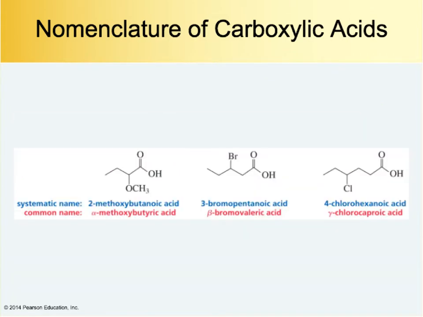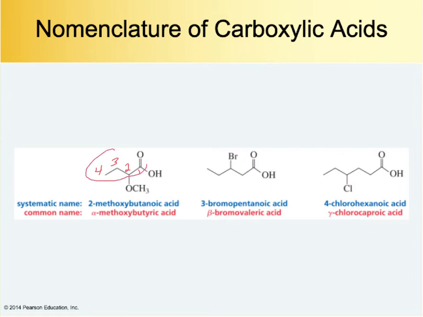All right, now to take this a step further, how would we do systematic versus common? Again, you should be able to do both of these. I'm not going to make you know tons of Greek, but if we look at some of these, the systematic numbering would be 1, 2, 3, 4. So it's butanoic acid, because there's 4 in the main chain.